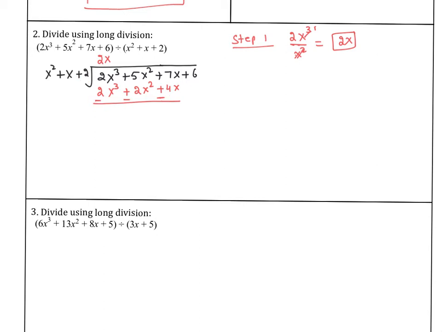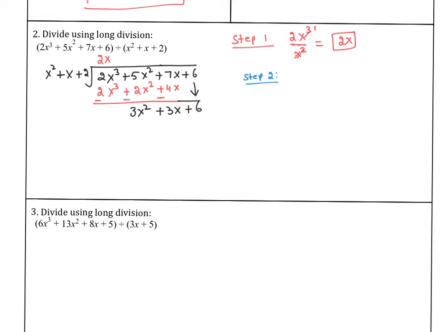Change their signs, 2x cubed cancels, and on the bottom you're left with 5x squared minus 2x squared is 3x squared, 7x minus 4x is 3x, plus 6 that you bring down.